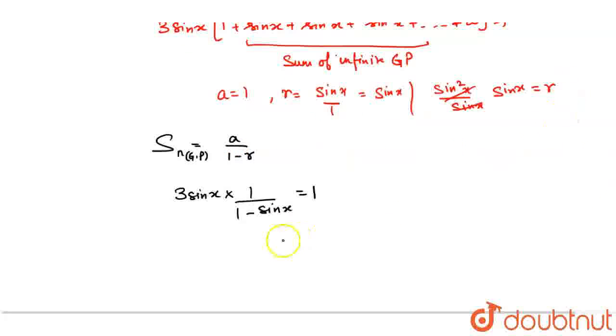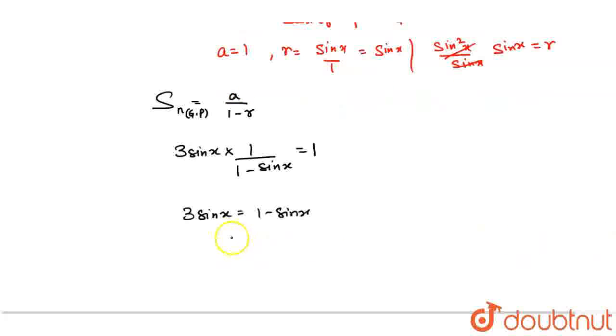Correct? RHS. So just transpose it over there. So what do I get? 3 sin x is equal to 1 minus sin x. Transpose the sin x onto the LHS. So what do I get? 4 sin x is equal to 1. So sin x from here is 1 by 4, correct?